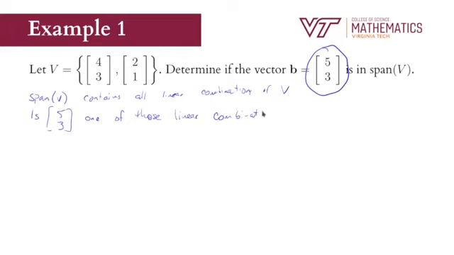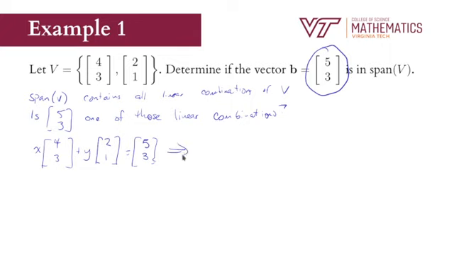And the answer is, well, yes, but we're going to show that in a moment. That is, in order to be a linear combination, there have to be weights that we assign to the vectors that make this linear combination work.